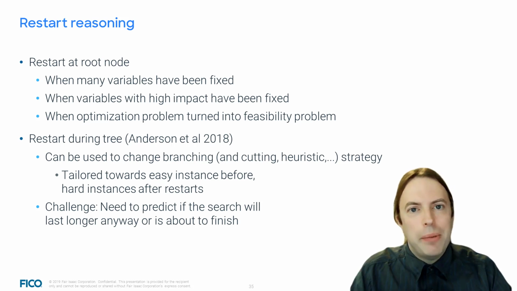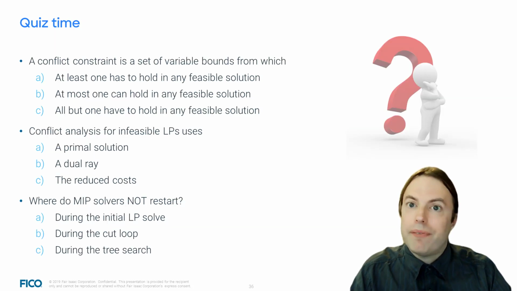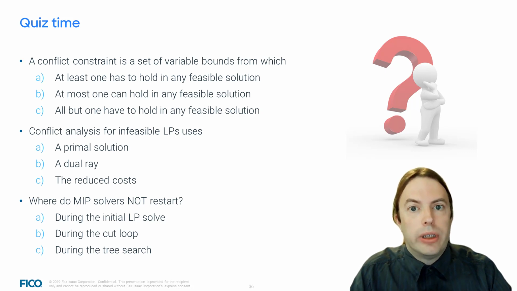Okay, let's maybe not restart the lecture, but let's finish it with a little quiz. First question. A conflict constraint is a set of variable bounds from which A, at least one has to hold in any feasible solution, or B, at most one can hold in any feasible solution, or C, all but one have to hold in any feasible solution. Second question.